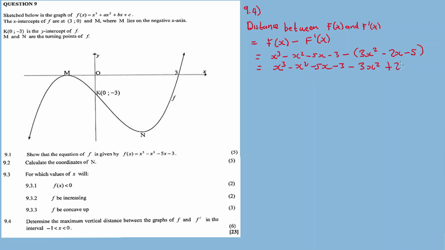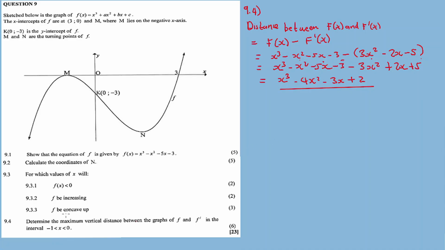Therefore, this is equal to x cubed minus 4x squared minus 3x plus 2. So my answer here is the vertical distance between the two functions, between these functions f and f prime.